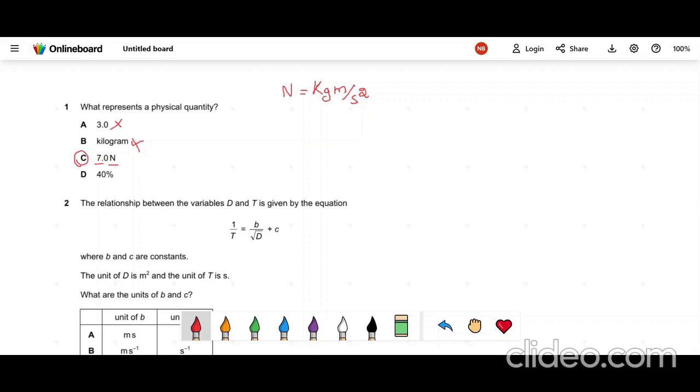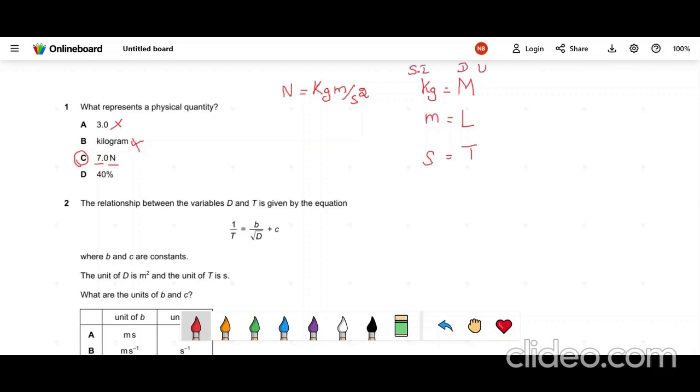And then they can ask the dimension for that force or dimension for that Newton unit. The dimensional unit for kilogram will always be represented as capital M, mass, and meter will always be represented as L, length. The M, L, T are all dimension units, and these are all SI units.